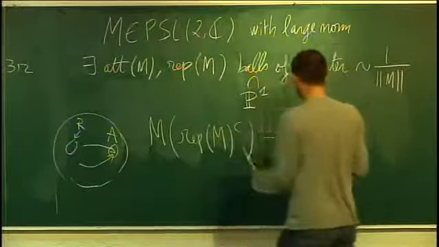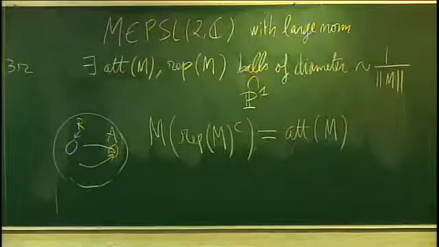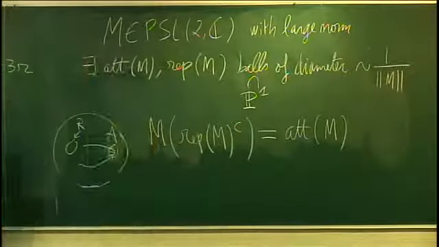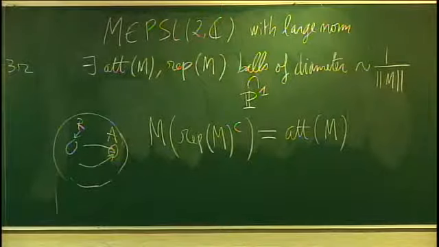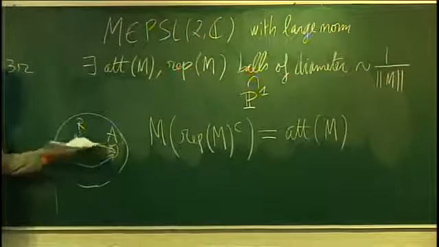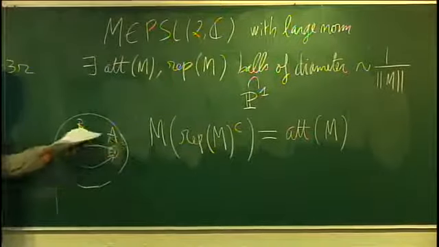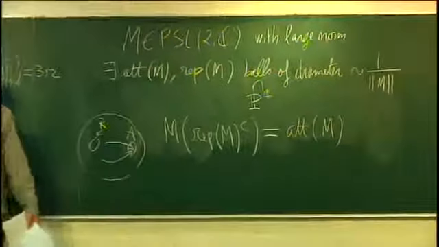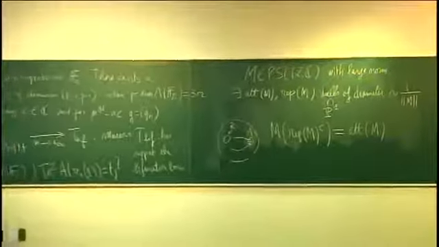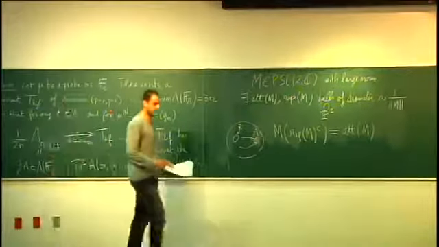And what happens is that it is easy to verify that if the attracting ball is not too close to the repelling ball, then the trace is approximately the same as the norm, up to a bounded constant.